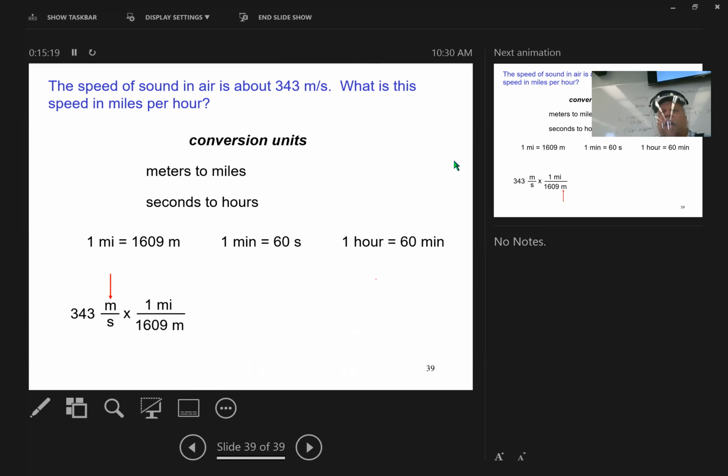They gave other units there, but I like to add a few more steps, like 5,280 feet is 1 mile, which is 1.6 kilometers or something. But this is 1,609 meters, okay? So the meters cancel, then the seconds go to minutes, and minutes to hours, and then you've got 60 minutes per hour there, like that, okay?